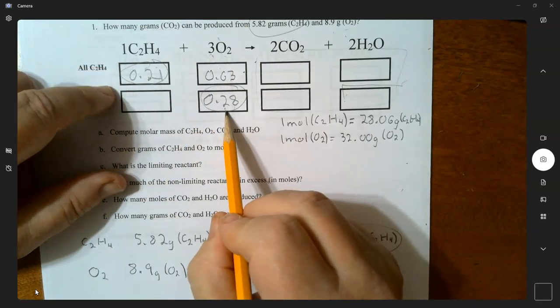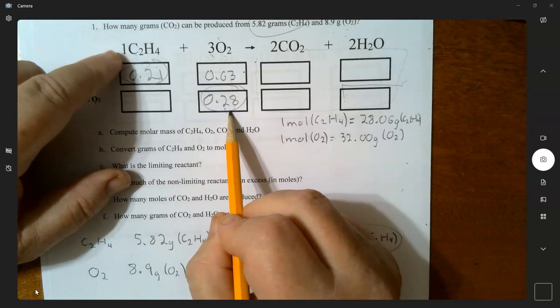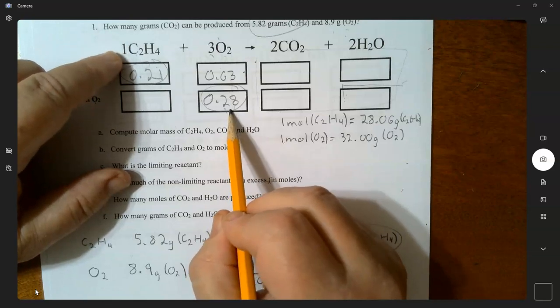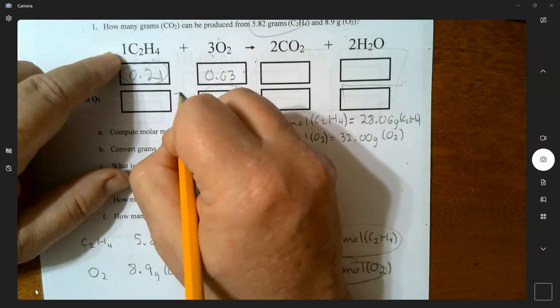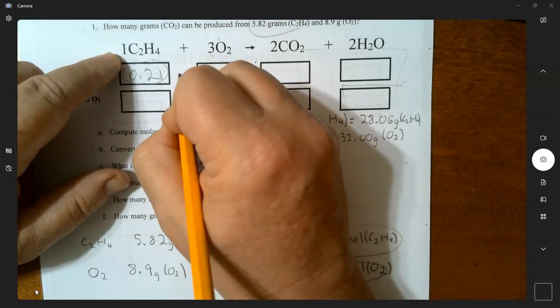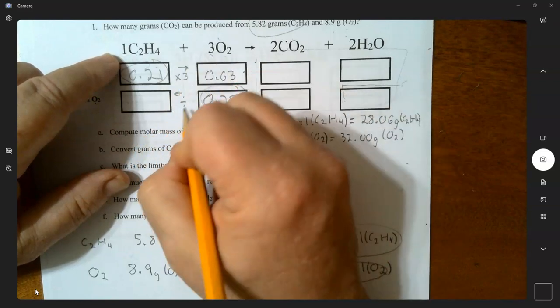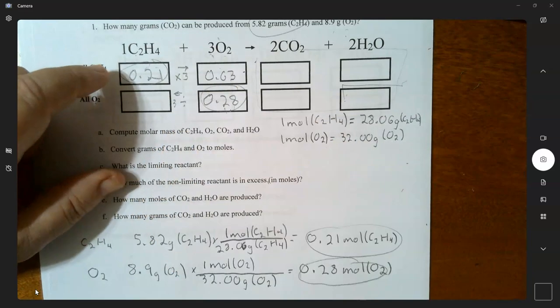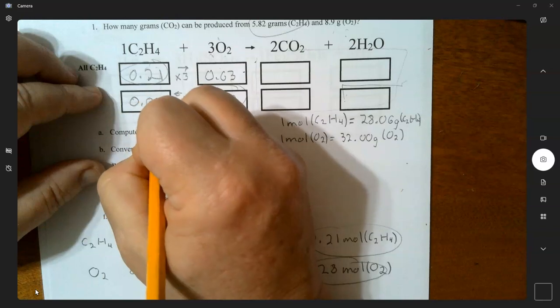Okay, and if I want to combust all the O2, I need 1/3 as much C2H4. Okay, and I'm going to divide that by 3. So I'm going to do this, divided by going in that direction, and this one was multiply by 3 going in that direction, divide by 3 going in that direction, and we're just going to round it to 0.9.